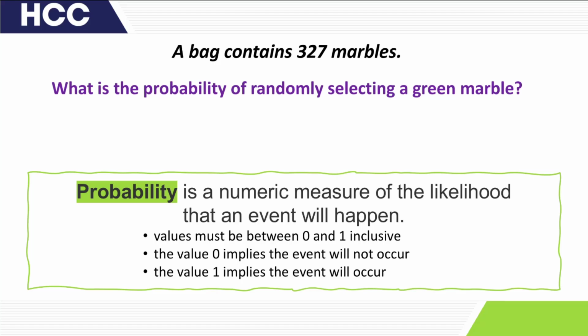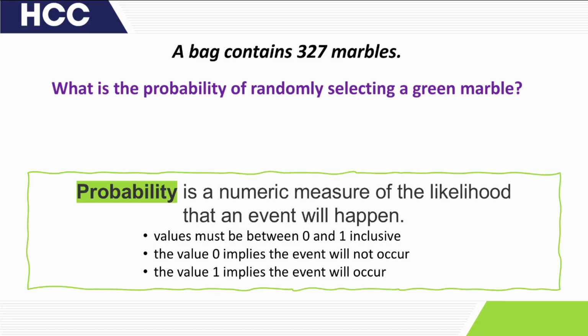Versus if they say there's a 10% chance of rain, then we feel like, maybe we won't bring an umbrella or a rain jacket with us. So again, very important to understand, probability is going to be a number. The closer you are to 0 means that the less likely we think it's going to happen. The closer the number is to 1, the more likely we think it's going to happen.